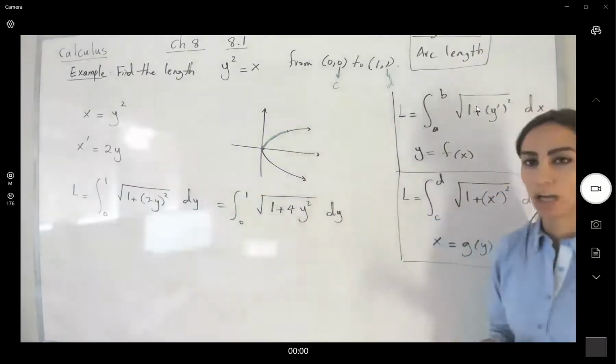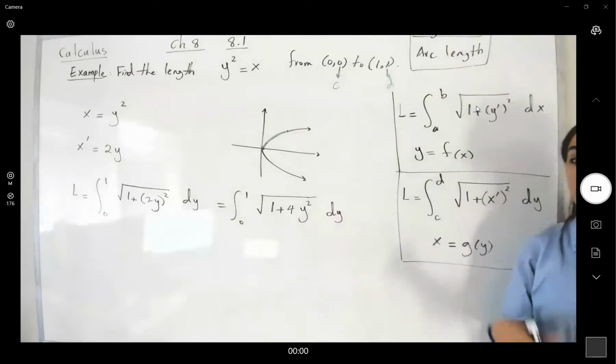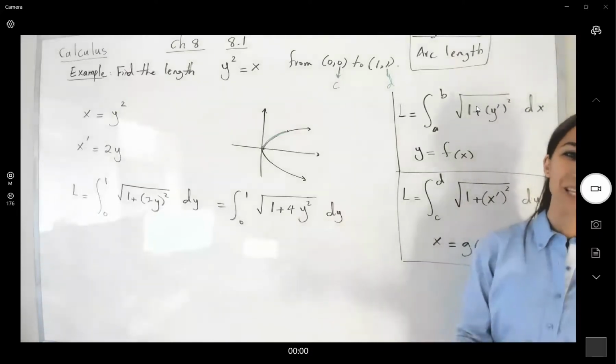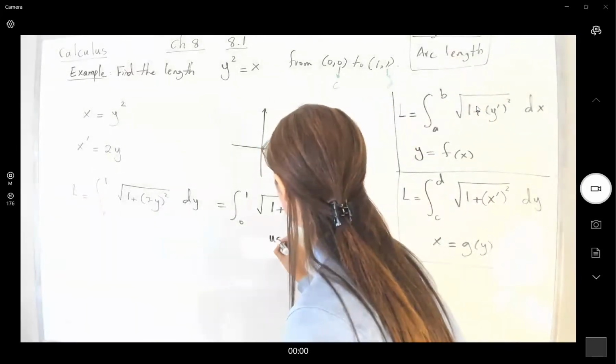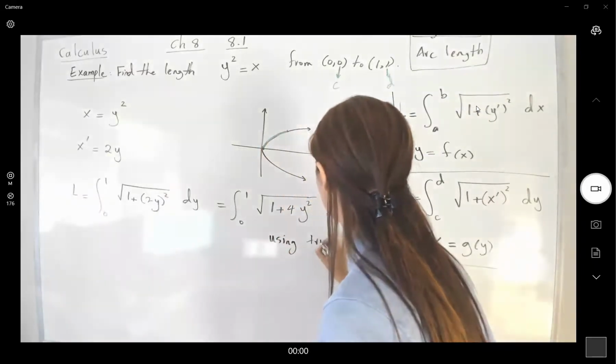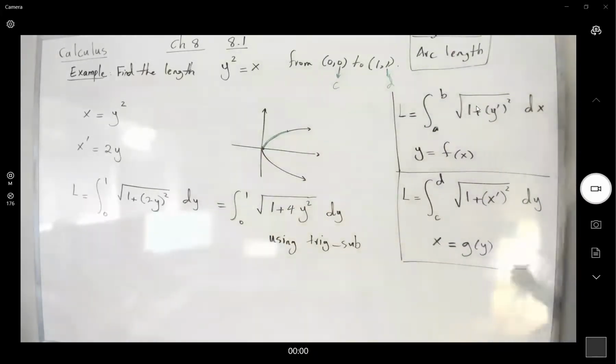So remember the type when we have the square root of a squared plus x squared, we use trig substitution. Using trig substitution, you can calculate this integral.